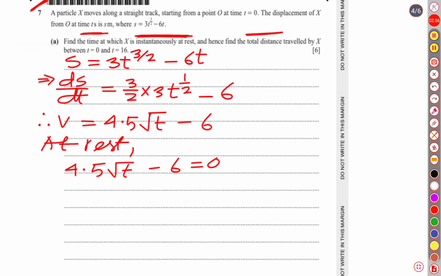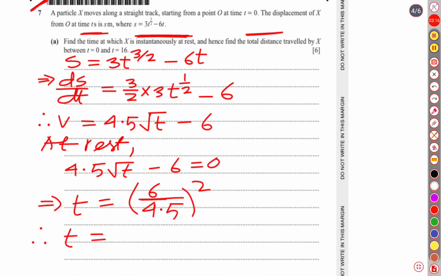Square root of t equals 6 over 4.5, and for the square root we will square both sides. Hence our time is going to be 16 over 9. 16 over 9 is the time when the velocity of the particle was 0.